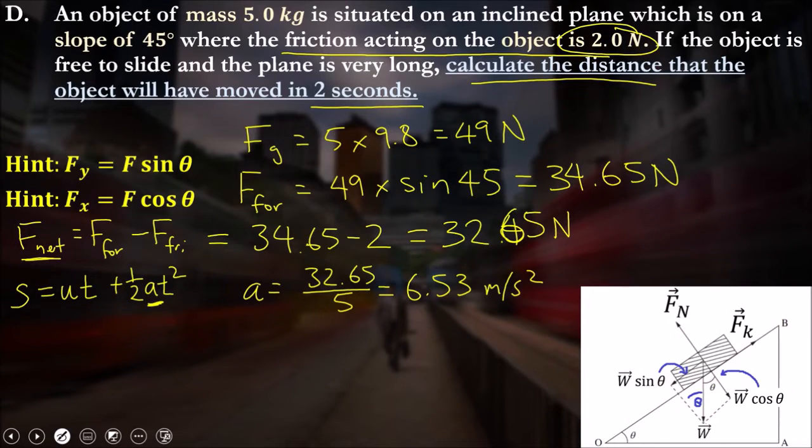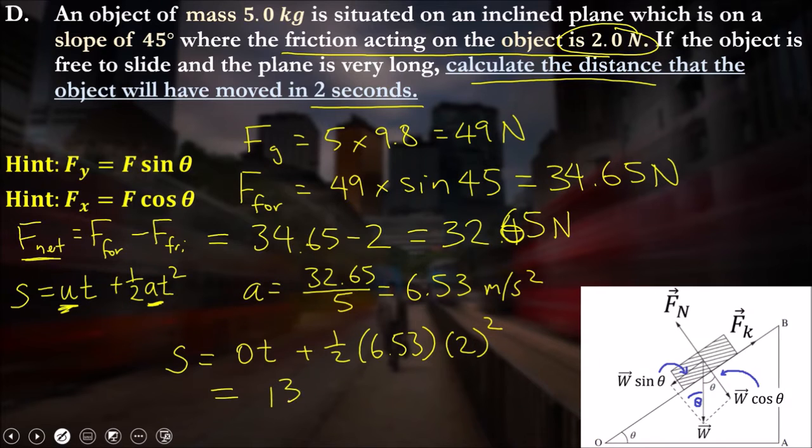So the last bit we have to work out is displacement. Displacement is equal to initial velocity times t. We don't actually have an initial velocity here, so that's 0t plus half times 6.53 times 2 squared. And so the answer would be roughly 13.4 from memory.